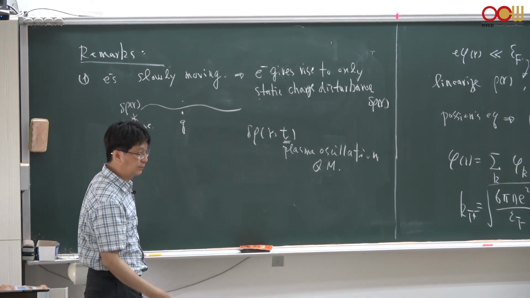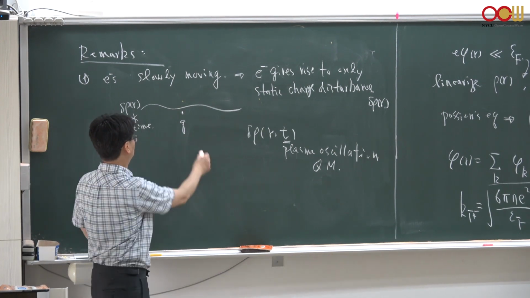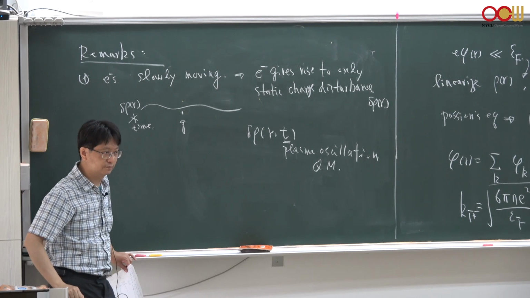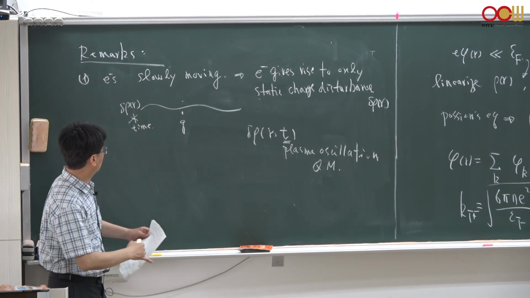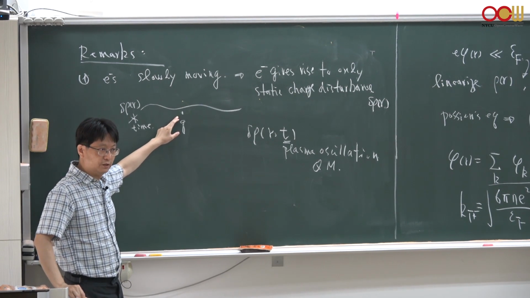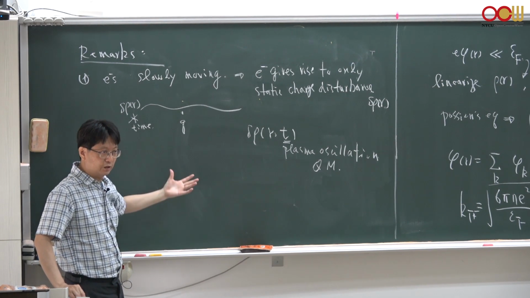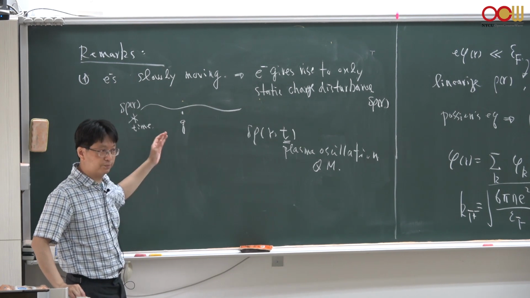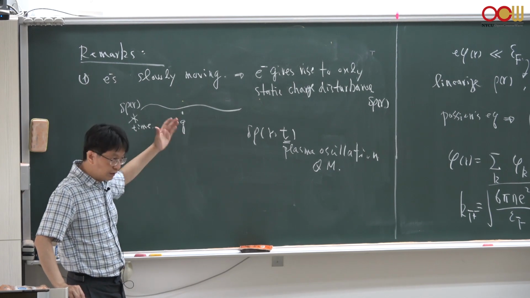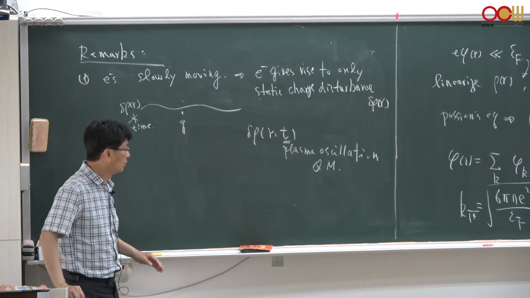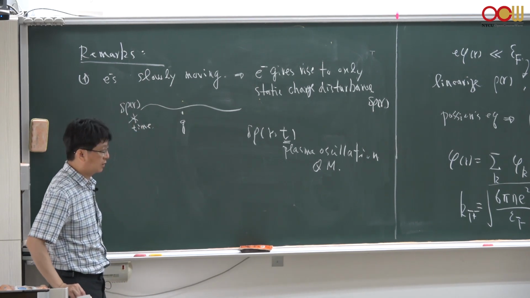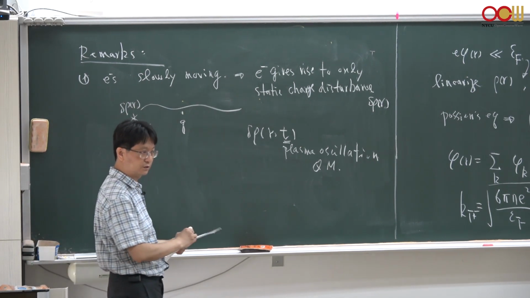But in reality, the test charge is also moving in time, and therefore the induced charge disturbance also moves very quickly in time. And there's an oscillation frequency called the plasma oscillation frequency in metals, which can be derived only within quantum mechanics. But the Thomas-Fermi approximation cannot capture this physics.